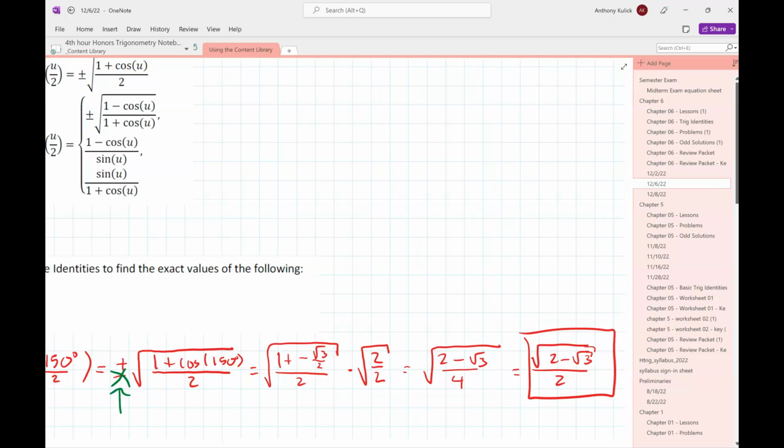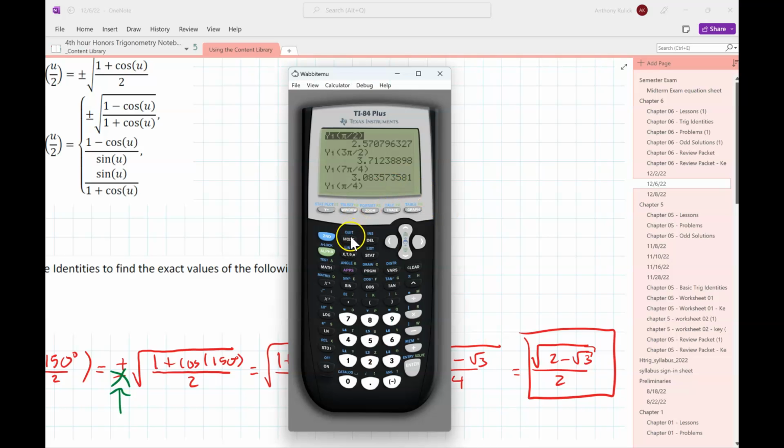So worth pointing out and reminding you guys that all these are checkable on your calculator. So worth doing that. If I'm in degree mode, and I do cosine of 75, I get that number.